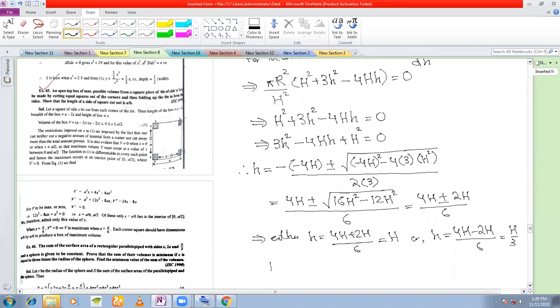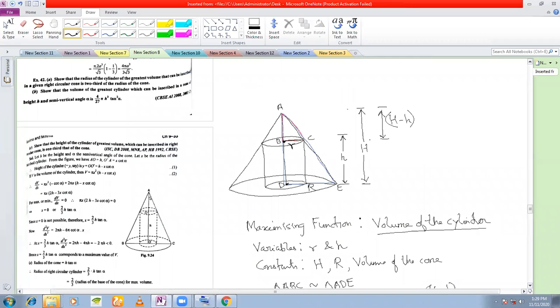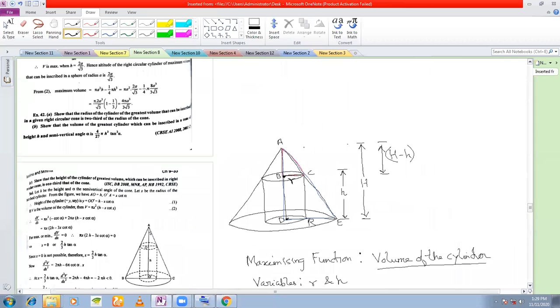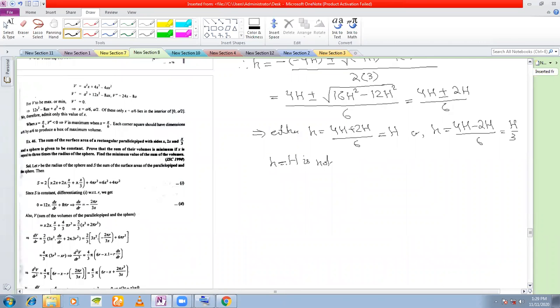Now h equal to H is not possible, right? Can the height of the cylinder be equal to the height of the cone? No, sir. It cannot be equal. So h equal to H is not possible, right? So it will be H by 3.